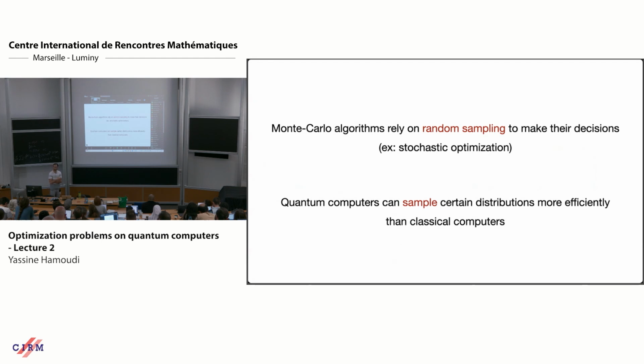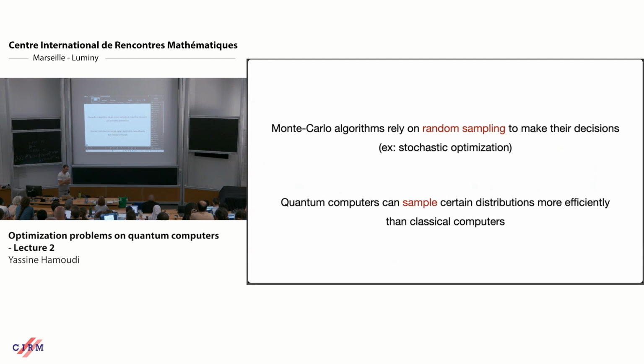If you heard about the Google quantum supremacy experiment, Google claimed to have identified a particular distribution which they were able to sample from using their machine and which is believed to not be efficiently samplable using a classical machine. So sampling is really expected to be a good candidate for quantum speedups.